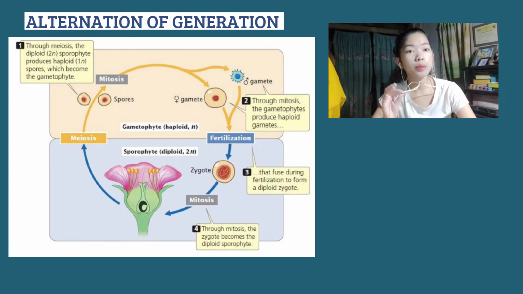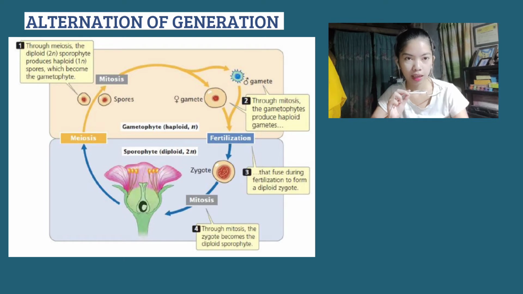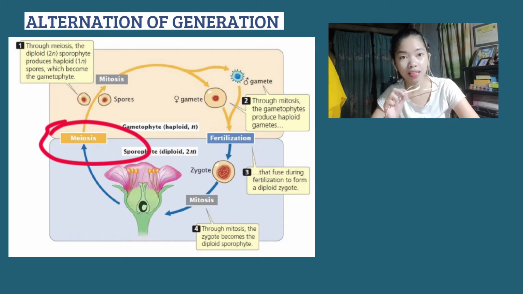Most plants have a dominant sporophyte generation. Think about a fern plant, for example, which represents the sporophyte generation. That sporophyte generation is diploid, meaning it has two sets or two copies of chromosomes. Now, in this sporophyte generation, there are special structures wherein meiosis takes place.